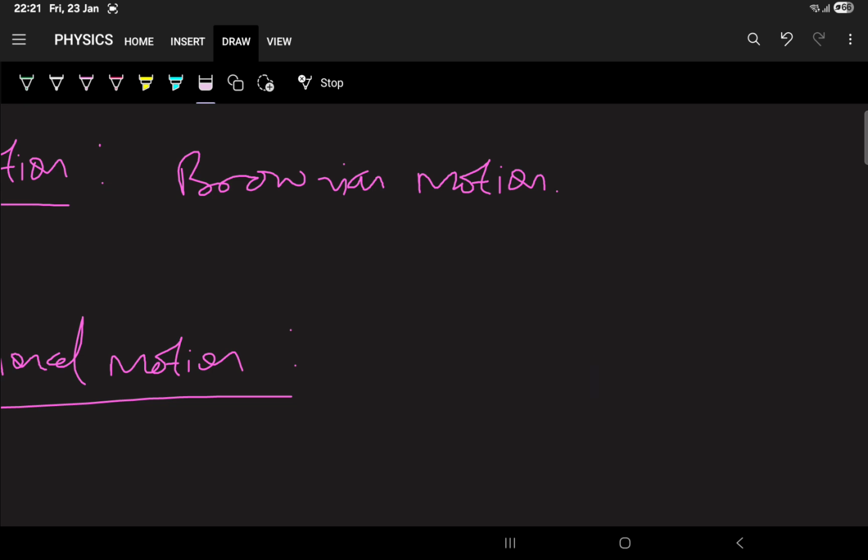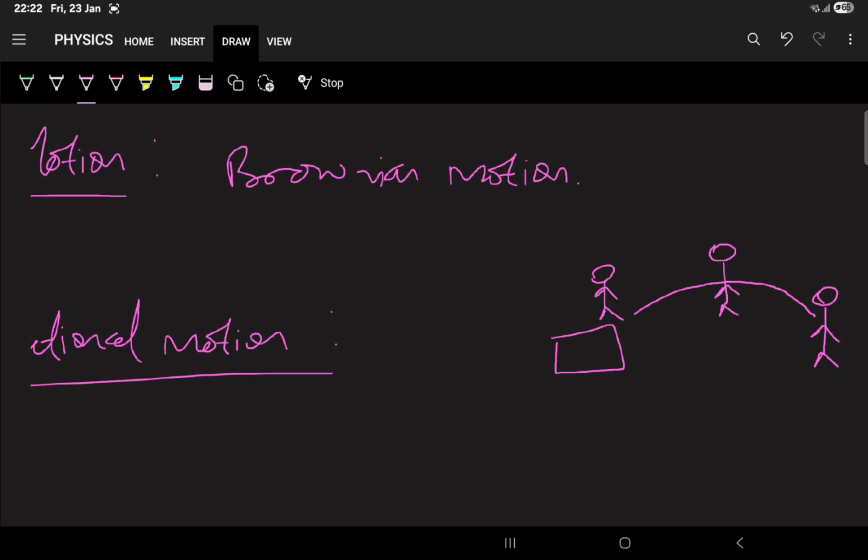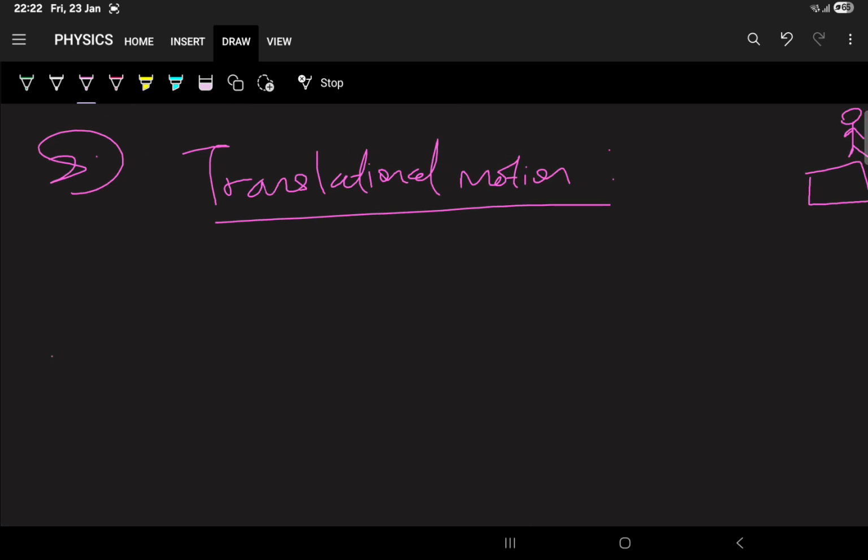Also, if you have a diver, let's say jumping from the diving board, he or she is going to move in such a way, assuming the person is not rotating. So this is also a translational motion, basically linear motion without rotation.